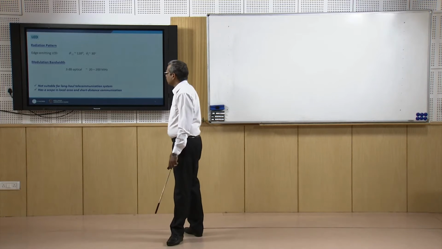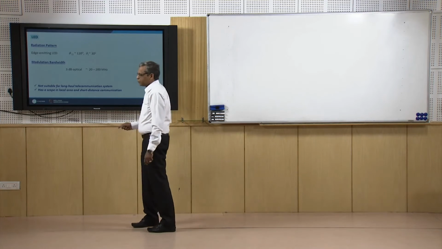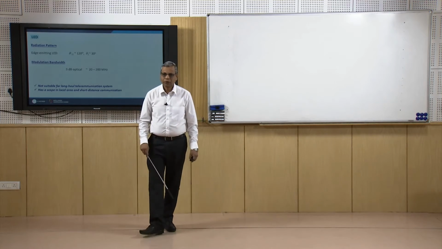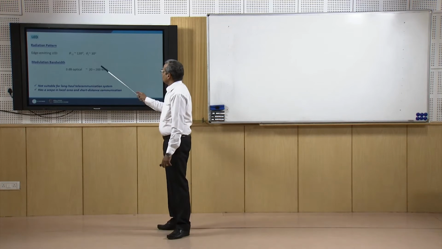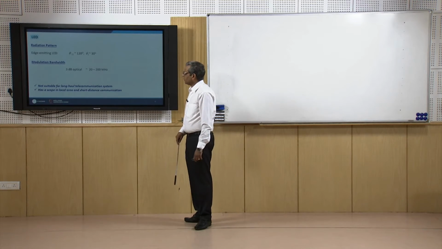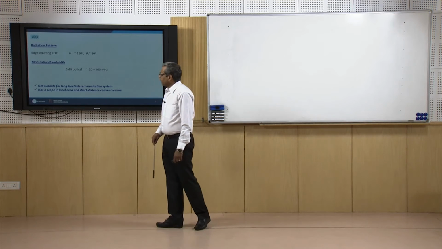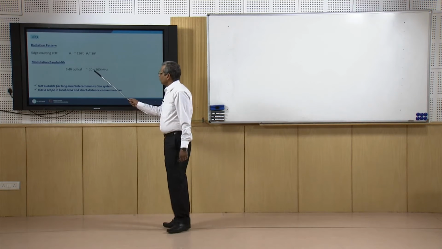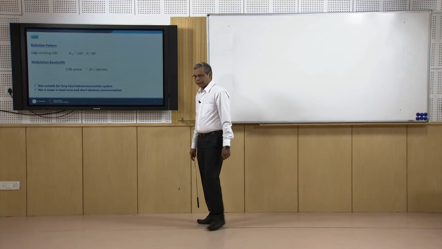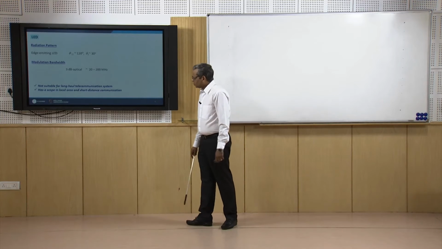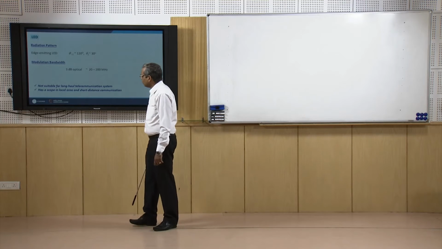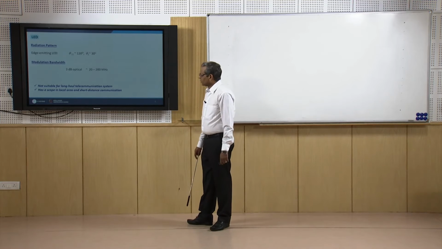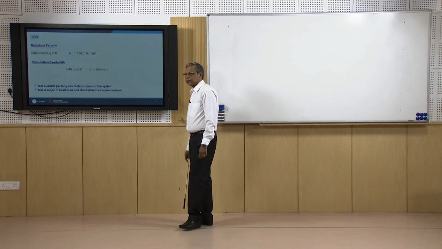In one direction its output spreads over an angle of 120 degrees from one side to another, while on the other side it spreads to about 30 degrees. The optical 3 dB bandwidth of an LED when modulated is typically 20 to 200 megahertz. So, this kind of light source is not suitable for long haul telecommunication systems, but it has scope in local area and short distance communication.